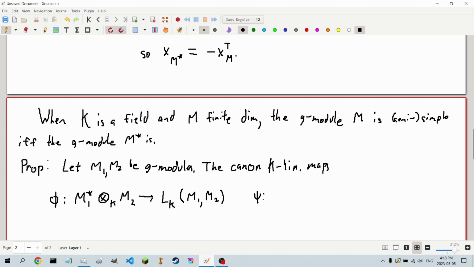And psi is a K linear map from M1 into M2 star is being sent to the dual of the K tensor of M1 and M2. And it says this one is bijective.